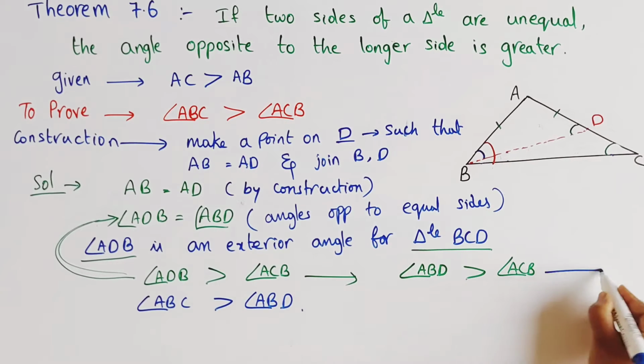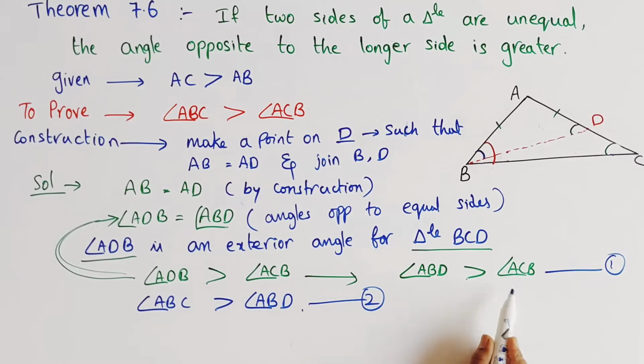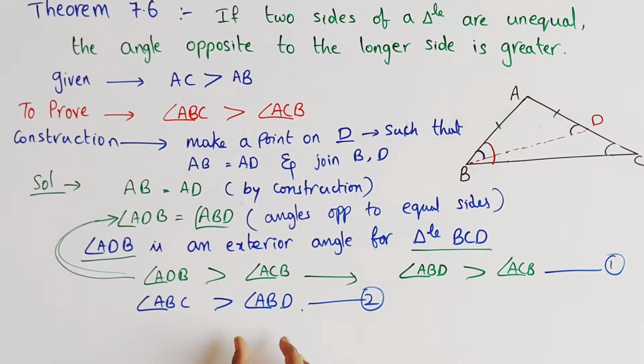Now compare this statement and this statement, children, 1 and 2. Here angle ABD is greater than angle ACB. Here angle ABD is less than angle ABC. Right? Here greater than angle ACB, here less than angle ABC. That means this is the greater one.